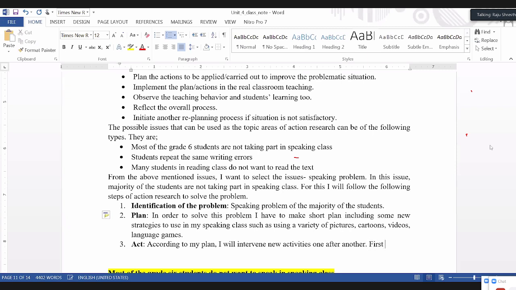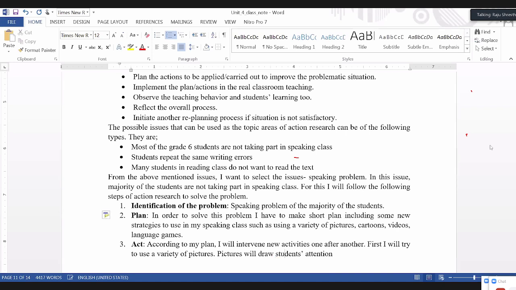First, I will try pictures. I'll try to use a variety of pictures. It will draw students' attention.